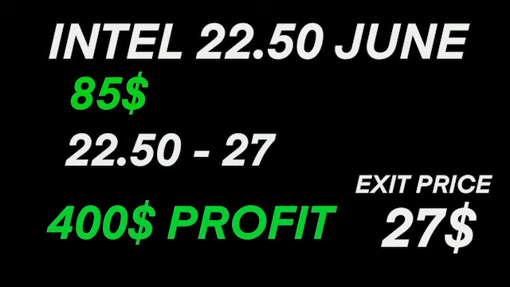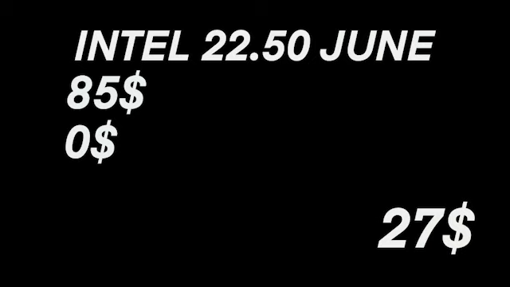If Intel is trading below the strike price of $22.50 at expiration, the call will expire and the total premium of $85 that he or she paid will be completely lost. The trader will not exercise the right to buy the stock at $22.50 if he can buy it cheaper in the market, right?